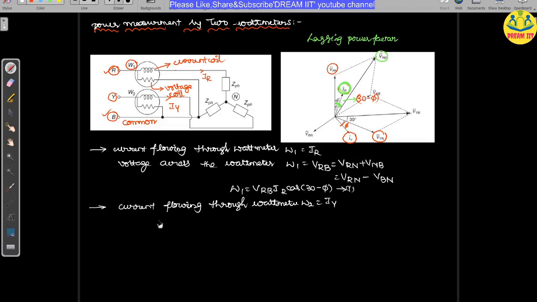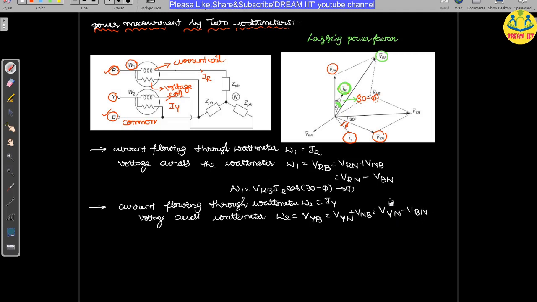Next, what is the voltage across wattmeter W2? It is VYB. So VYB we can write as the summation of VYN plus VNB, which is also equal to VYN minus VBN.